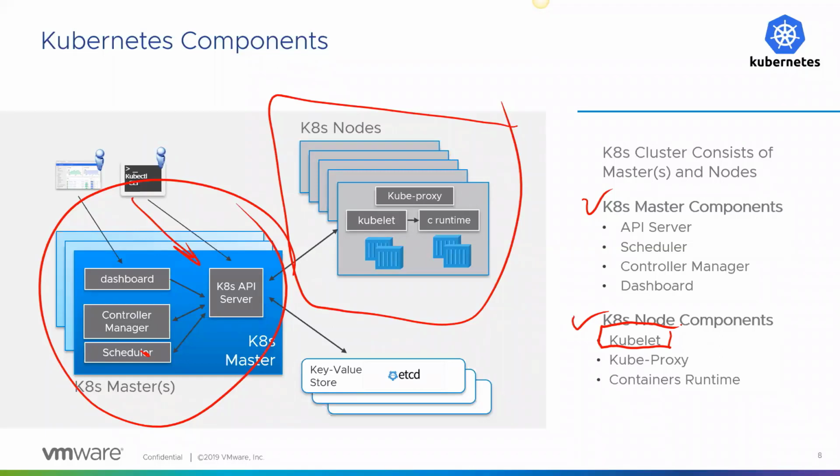The kubelet, as you can see, receives instructions from the API server. So in essence, when I deploy a pod, right, and the master node elects 2 or 3 nodes to deploy that pod, it is communicating with the kubelet.